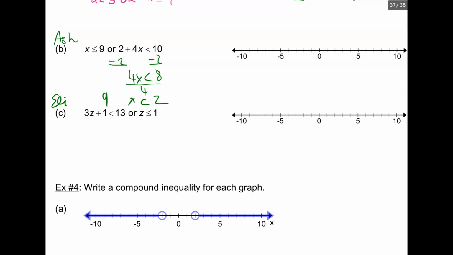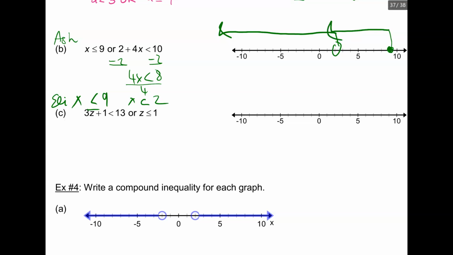And then this one stays the same. So positive 9, and it is dark. And then we got this one, 2, and this one is open. And x is smaller, so it goes this way. And this one, the x is also smaller, so it goes this way.